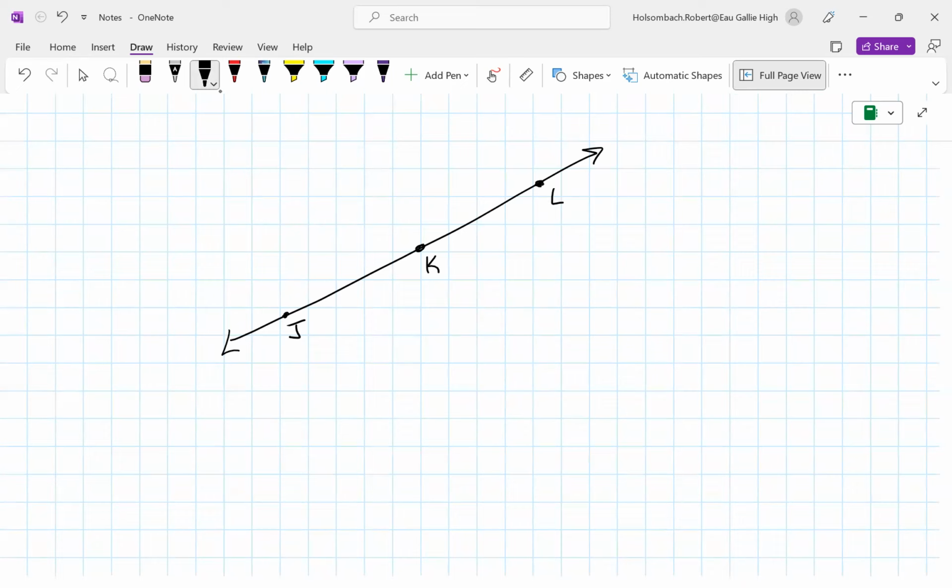KN bisects LKM. K to N bisects LKM. So let's draw LK. Here's LKM. KN bisects it. So we're going to put a ray right here that bisects this angle.